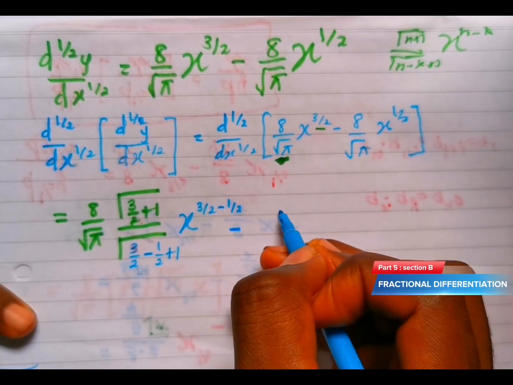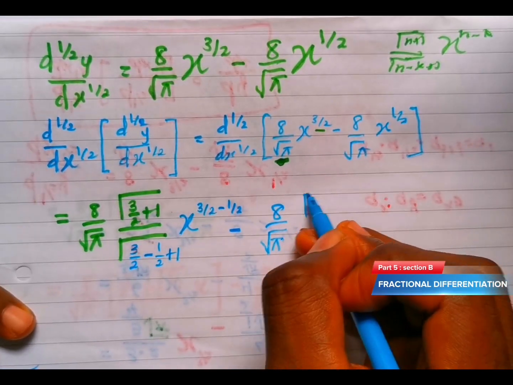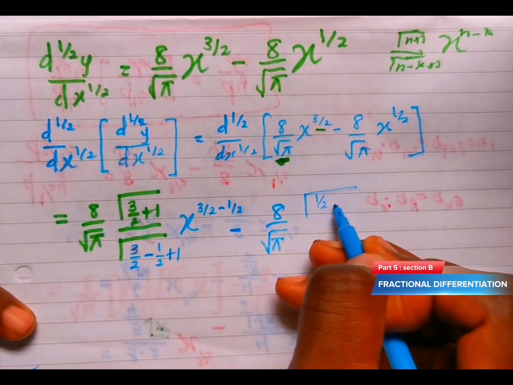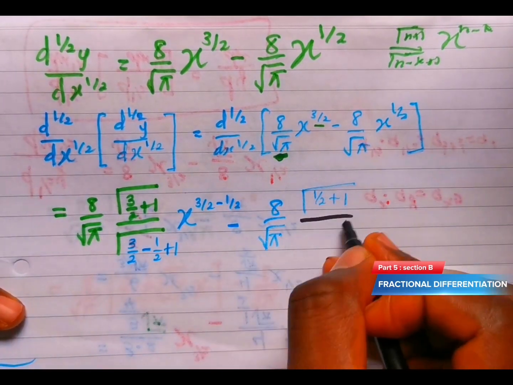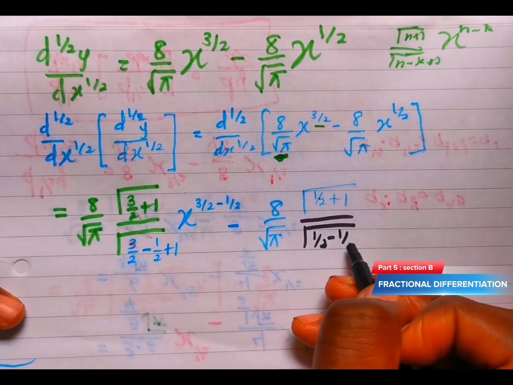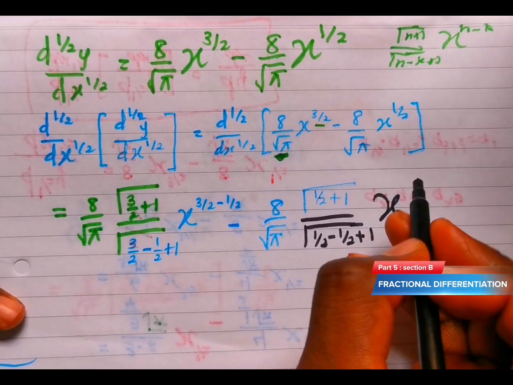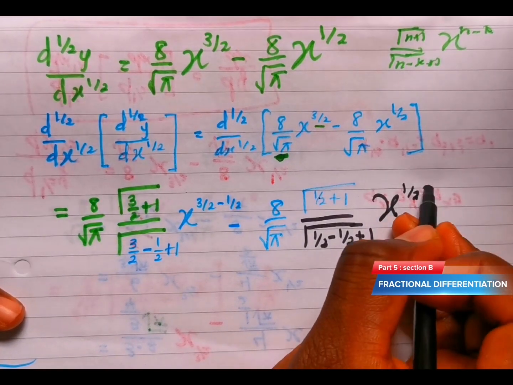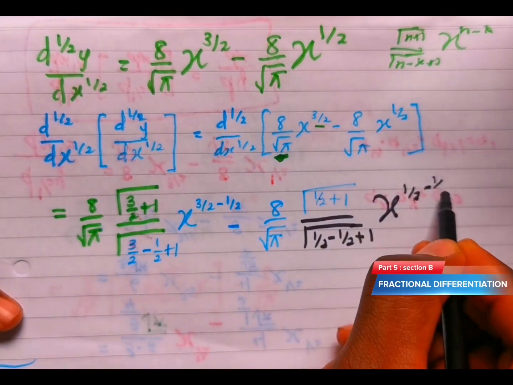Then minus 8 over the square root of pi, then the gamma of 1 over 2 plus 1 all over the gamma of 1 over 2 minus 1 over 2 plus 1. Then I have x to the power of 1 over 2 minus k, and our k is the half derivative, 1 over 2.